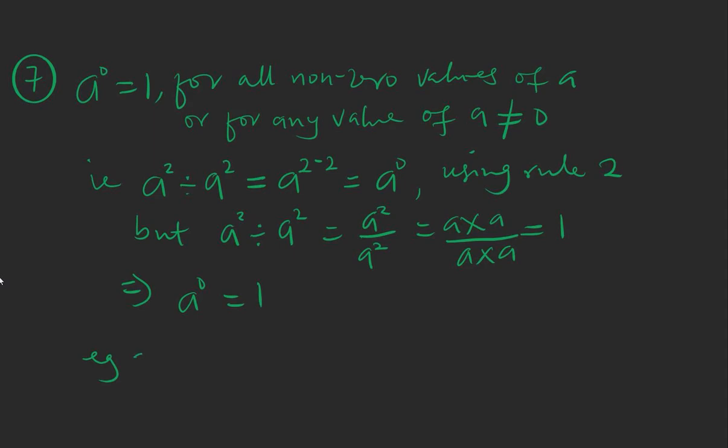An example is 3 raised to the power 3 divided by 3 raised to the power 3, which is equal to 3 raised to the power 3 minus 3, and is equal to 3 raised to the power 0.